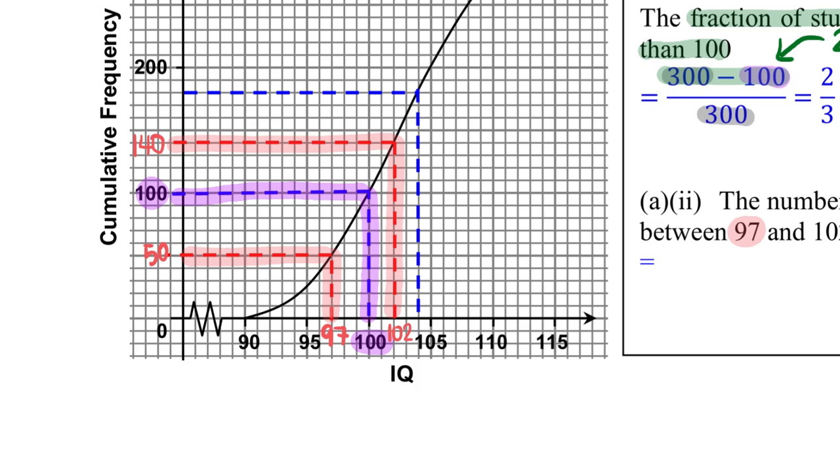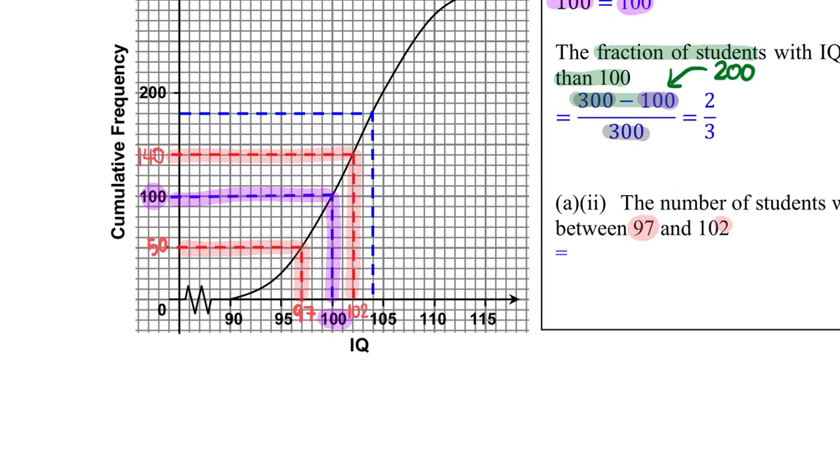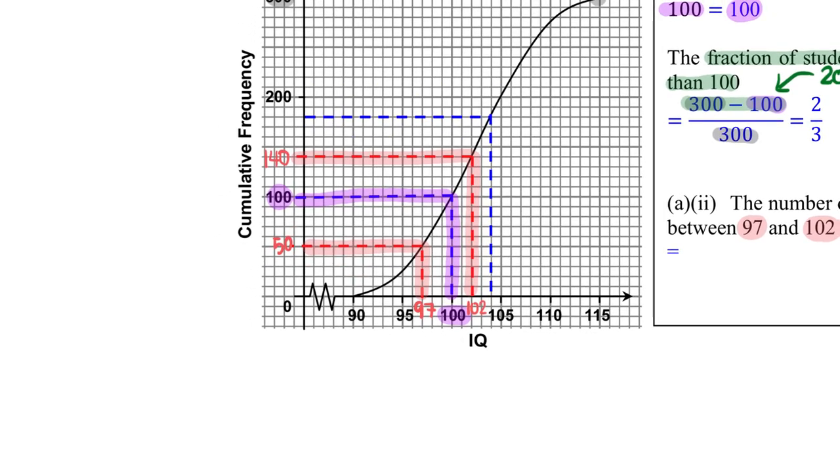So what does this mean? How do I get the number of students whose IQ is between 97 and 102? If you look at this particular graph, you can see that there are 50 students with IQ less than 97.